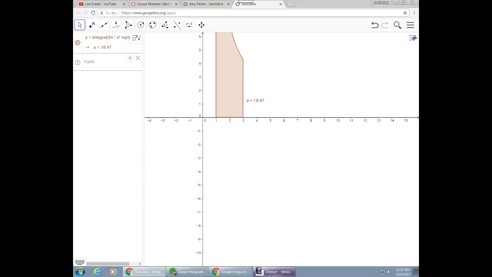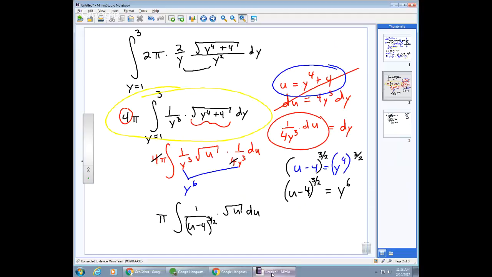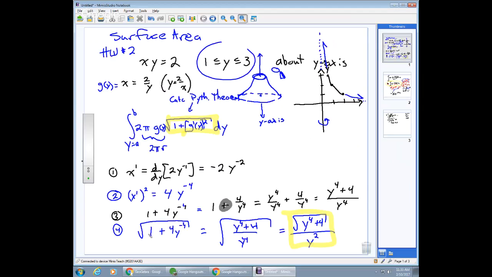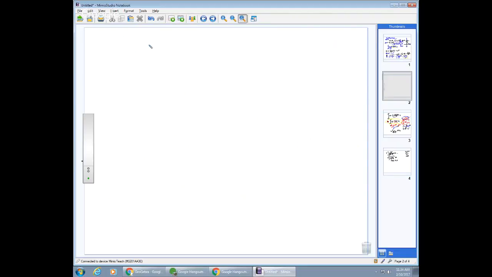So just to double check that, I had an earlier version which was 1 plus 4y to the negative 4, and that would have been times my original here. Another way I could double check that, new page, is to take the integral using my original functions and a not cleaned up version of the square root function.